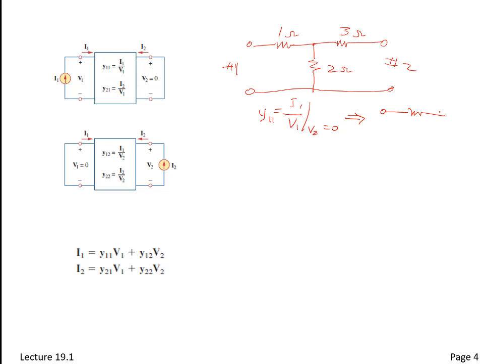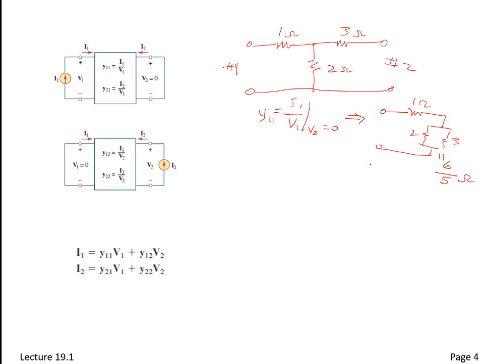So we've got 1 ohm. And now we've got these two in parallel, a 2 and a 3. So that whole thing is equal to 2 times 3 over the sum, 6/5 of an ohm.